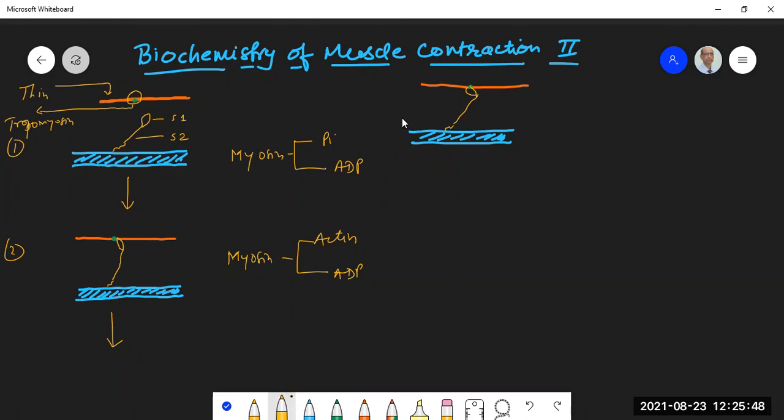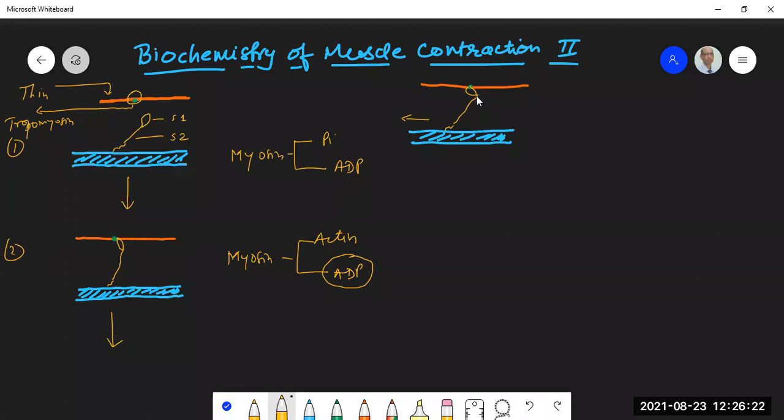Now, what happens when ADP leaves this complex? When ADP leaves, there is a major conformational change in the S1 head with respect to its position and orientation with the thin filament. You can see the position here, the way it is attached over here and the way it is now. Because of the leaving of ADP, there is a major conformational change in the S1 head.